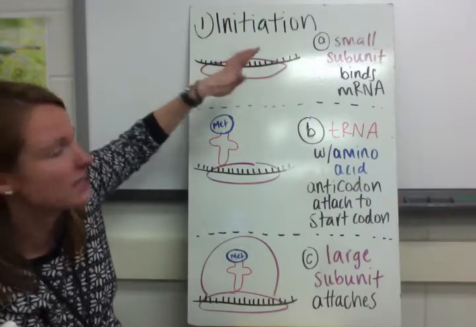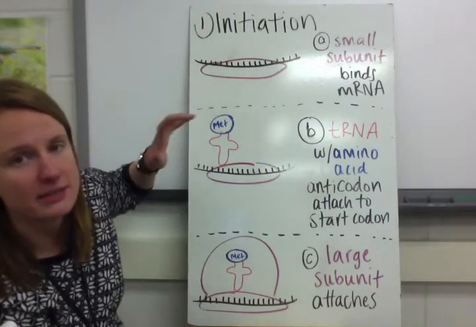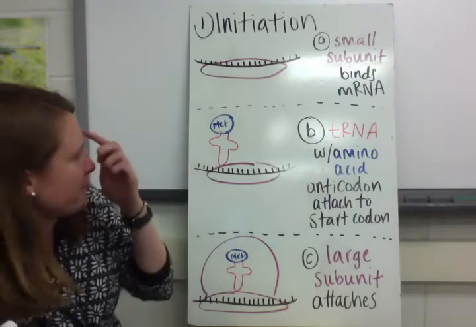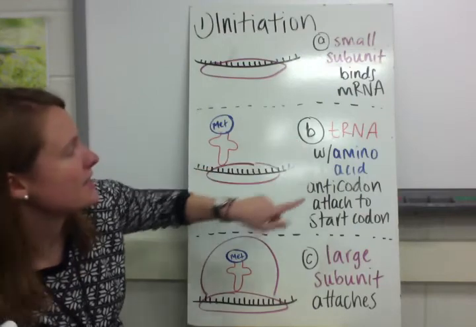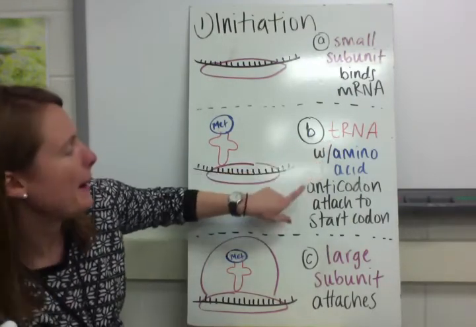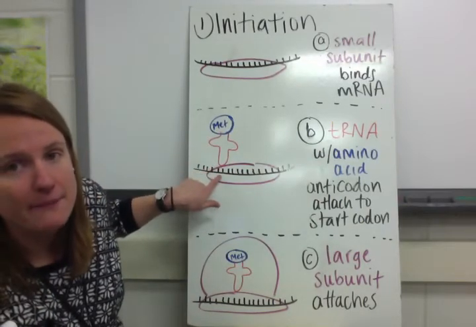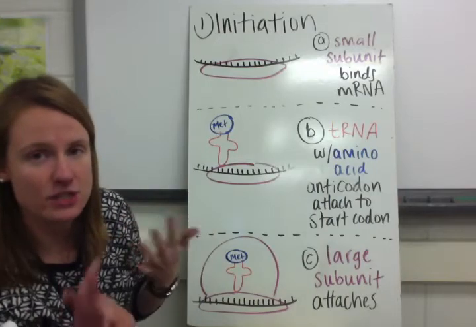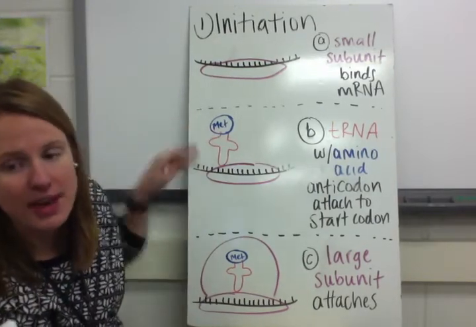So that's our processed mRNA that's come out of the nucleus and is now in the cytoplasm somewhere interacting with this ribosome. The next step within initiation is tRNA with an amino acid attached to it binds to the start codon on the mRNA. You guys have seen that AUG is the start codon and MET is the amino acid associated with that.